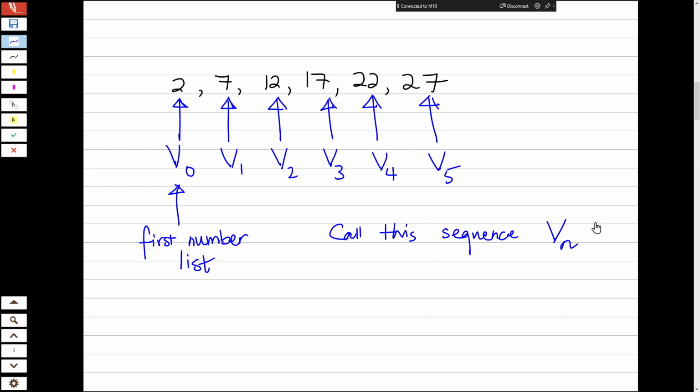Vn. N is the number that's normally used. And N can take on any number. So in this case, 0, 1, 2, etc. Okay?